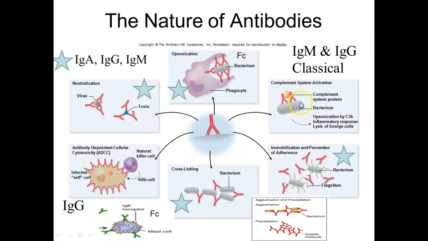So notice too with complement activation, right? Complement proteins can interact with antibodies, but there's only two classes of antibodies that have this ability, IgM and IgG. And again, those are our major ones. Remember that MAC complex that forms? What does MAC stand for?